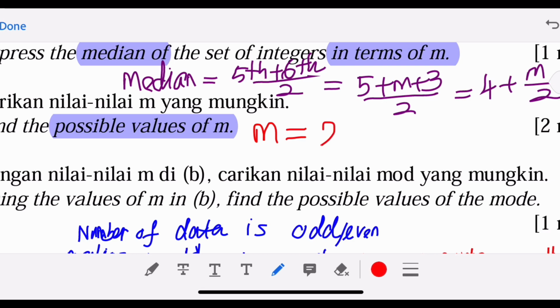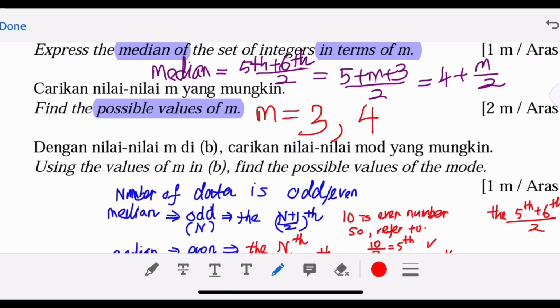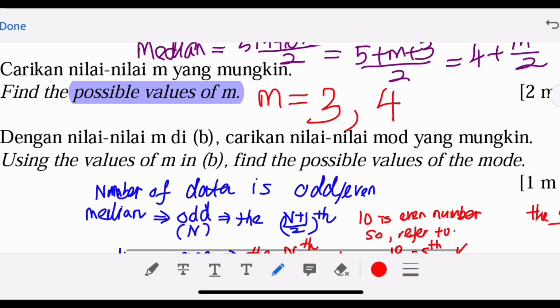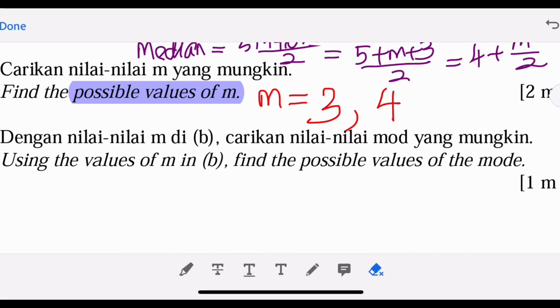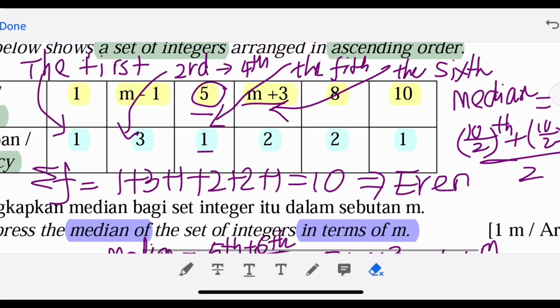So let's work it out. We can try and error. If you use m equal to 2, you try to substitute, it's actually not logical. And if you use 3, it seems logical, right? So you can test all the possible integers of m.